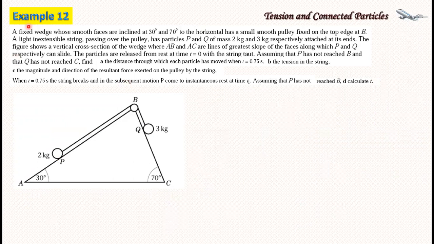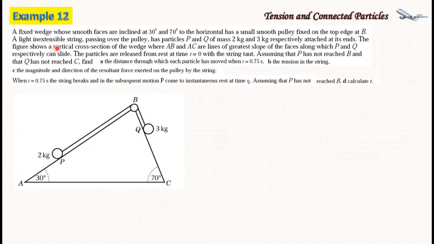So this question, a fixed wedge, it's already drawn diagrammatically. A fixed wedge whose smooth faces, so the faces in this case are now smooth, inclined at 30 and 70 to the horizontal, has a small, smooth fixed pulley on the top at point B. The pulley here is smooth and fixed. A light inextensible string passes over it, connecting particles P and Q. They have masses of 2 and 3 respectively attached at the ends.